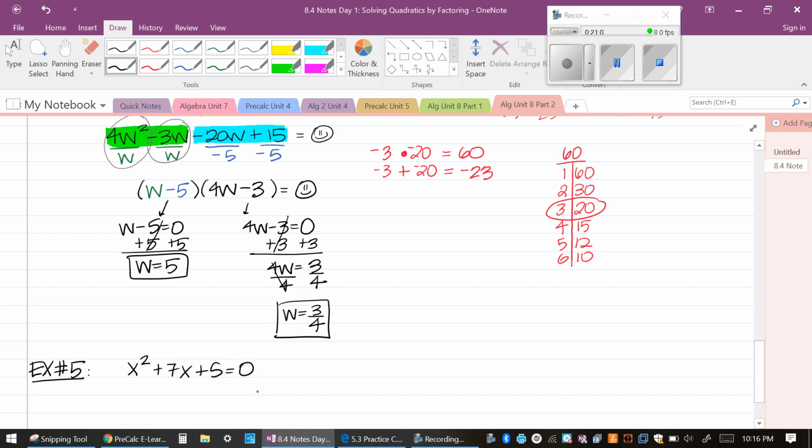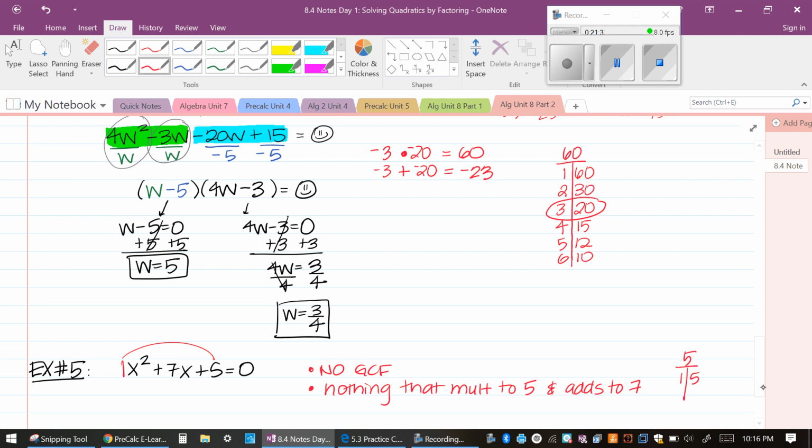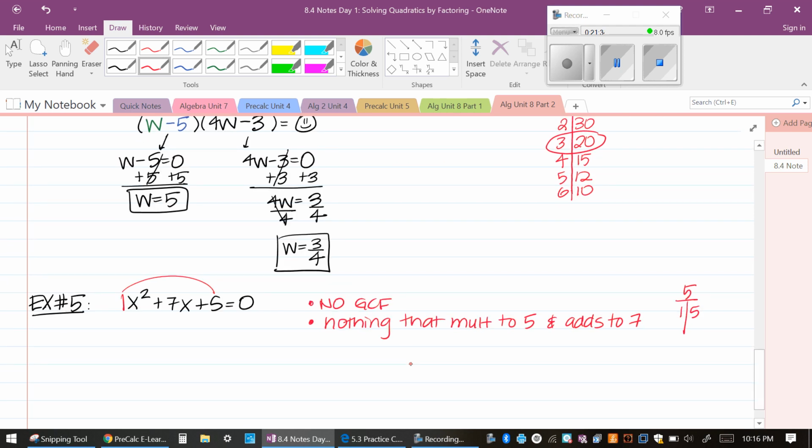There's no GCF, and there's nothing that multiplies to 5 and adds to 7. Right? And the factors of 5, there's nothing that would ever add to 7. There's just nothing that would work.